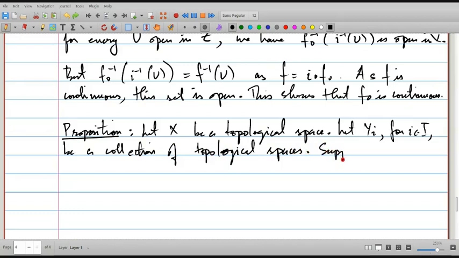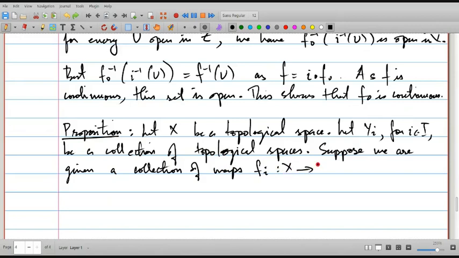Suppose we are given a collection of maps f_i from X to Y_i.